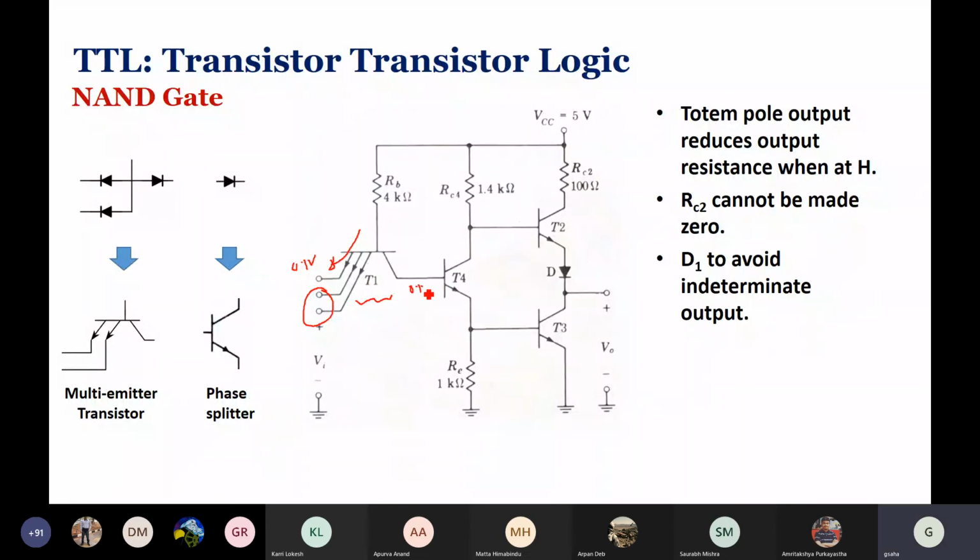When this transistor is not turned on, there is no question of current flowing, except some leakage current, which we can neglect and keep out of discussion for the time being. So this voltage is nearly 0 volt, and this T3 is off at that time. This is also off.